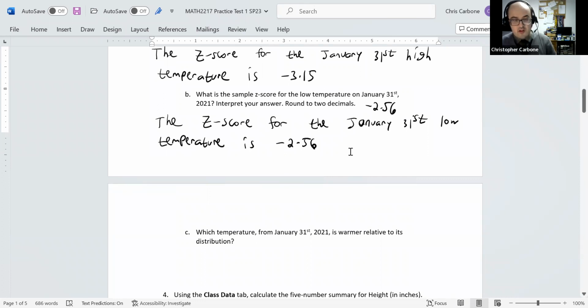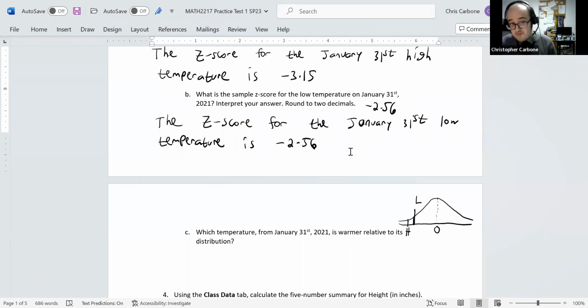And the third part for this question, we want to know which temperature from January 31st, 2021 is warmer relative to its distribution. Right, so if we were to attempt to graph that just to give an idea of what that means, with the 0 being right here, roughly in the middle, the low temperature z-score would be a little over 2 standard deviations, so let's say here. Well, the high one would be even further to the left, let's say here.